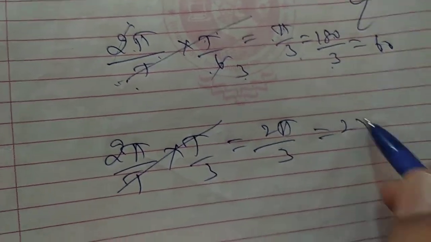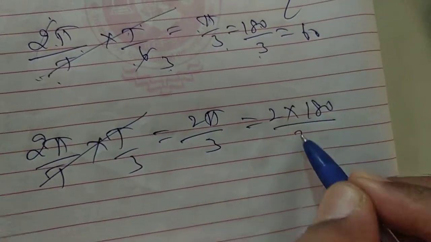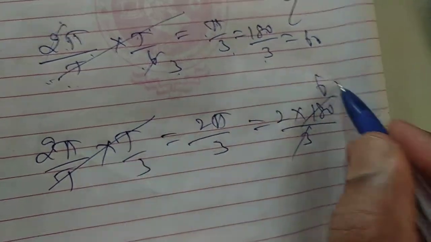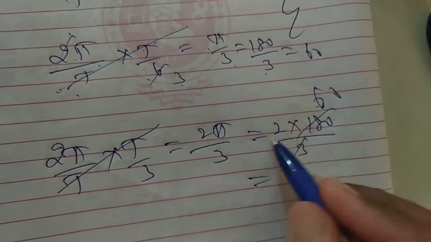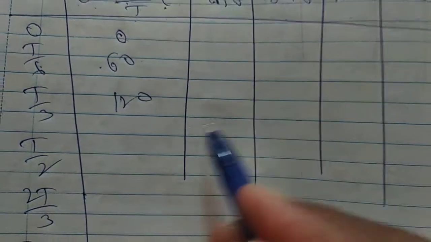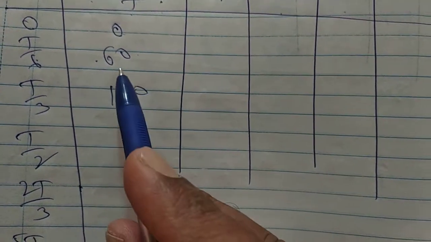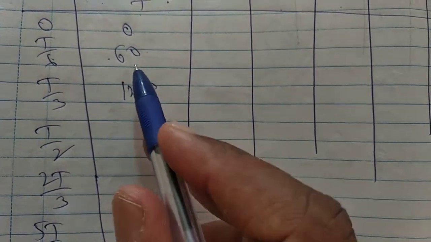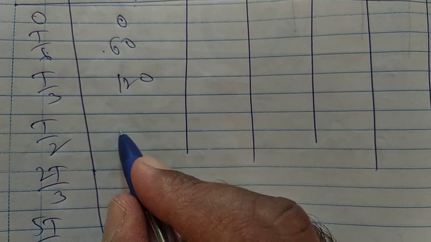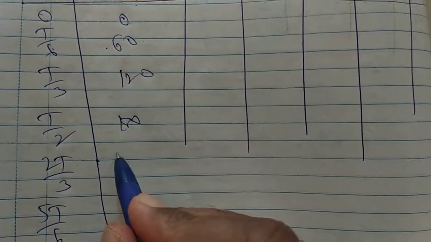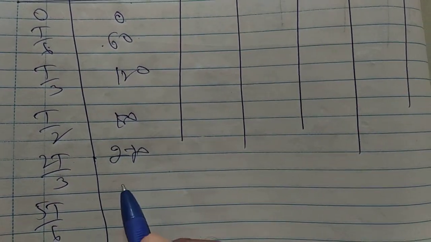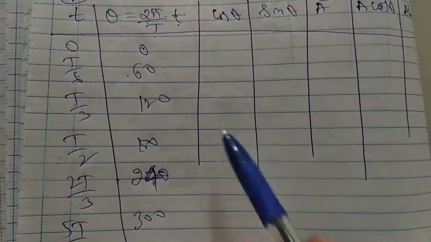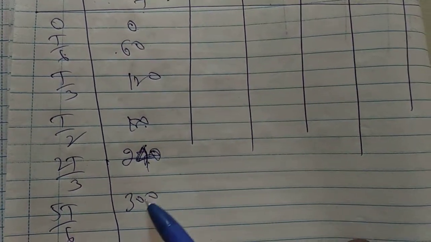That is 2 into 180 by 3, which is 120 degrees. Then the same thing you write: 0 degree, 60, then plus 60 is 120, plus 60 is 180, and like this it continues: 180, 240, 300.